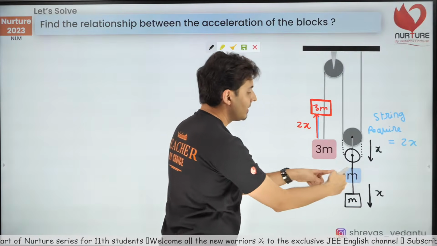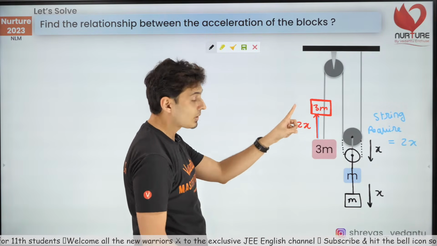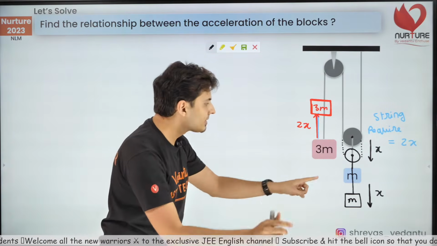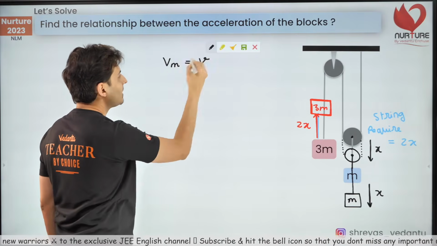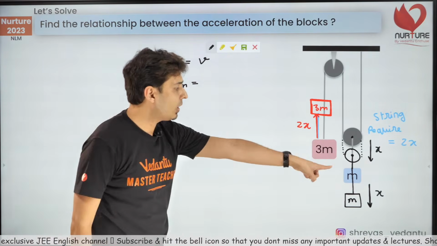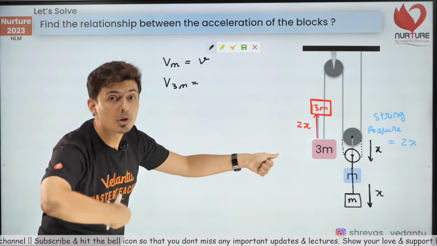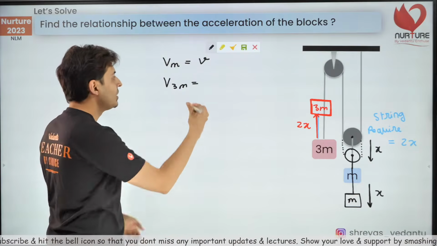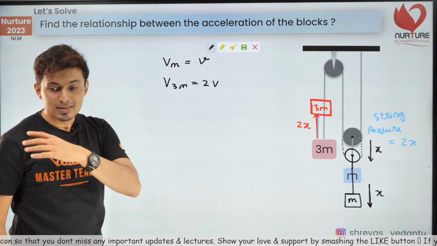So the final answer is, look at this. If the mass m comes down by x, 3m moves up by 2x in the same time. Hence, if the velocity of m is v, the velocity of 3m will be how much? It will move twice the amount in the same time, so it will be 2v. I hope this is clear.